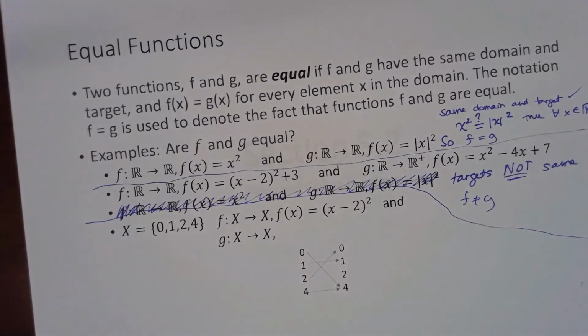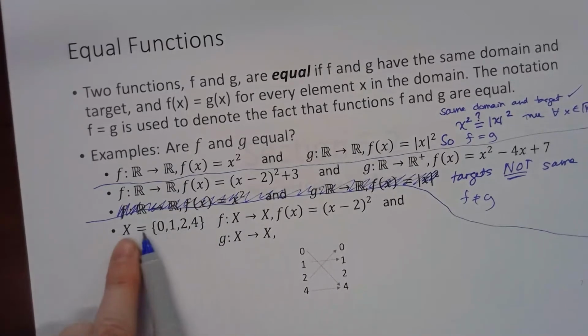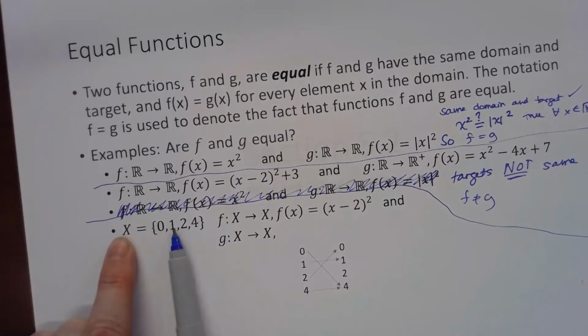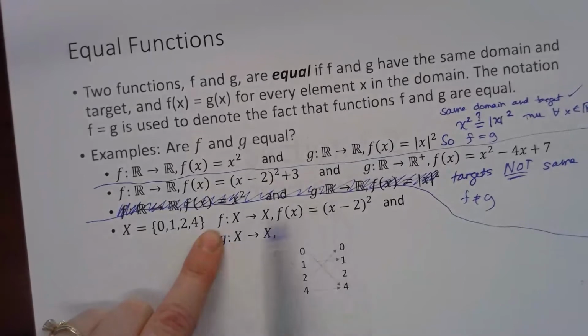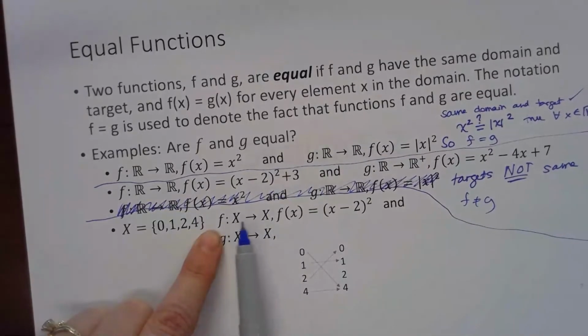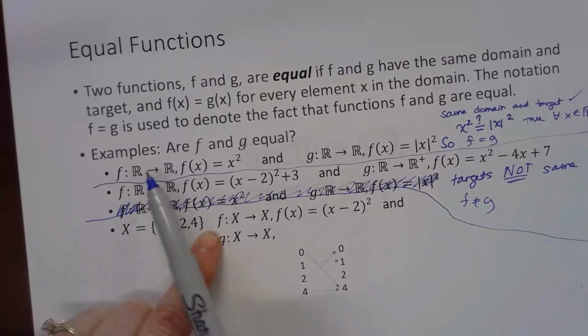Then this one on the bottom, we've got two functions. The domain has the numbers 0, 1, 2, and 4. Notice that the domain and the target are from the same sets. That's fine. Just like you could go from real numbers to real numbers, you can go from one set to another set.